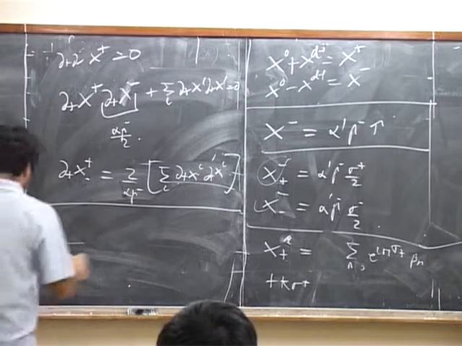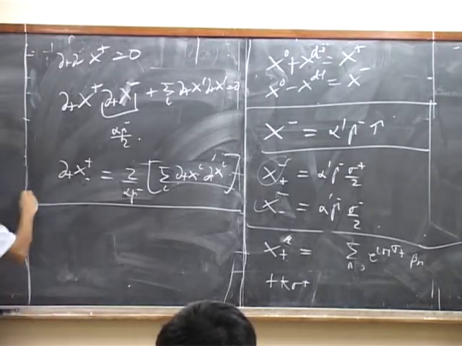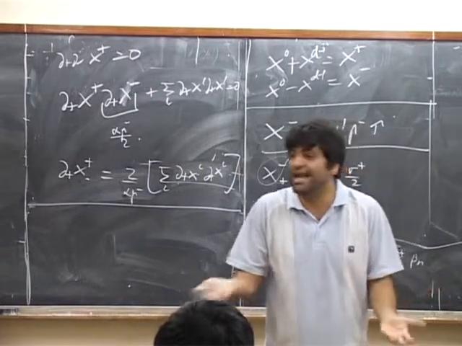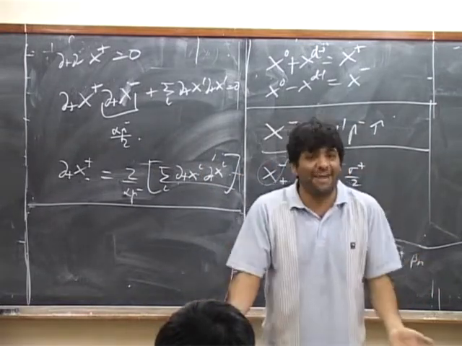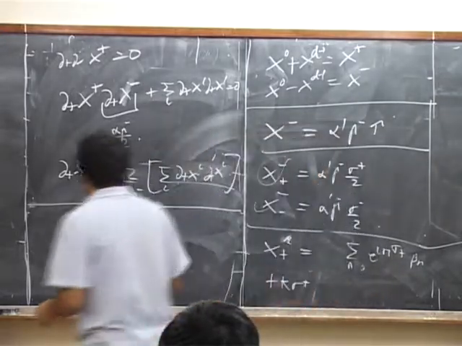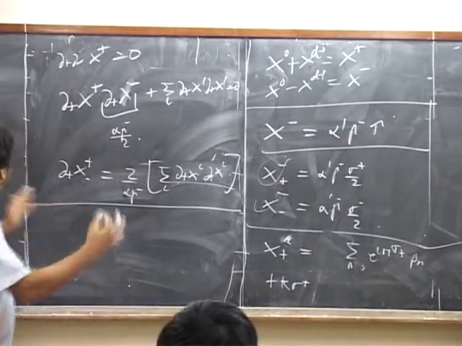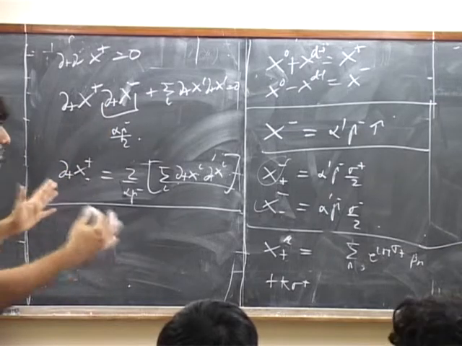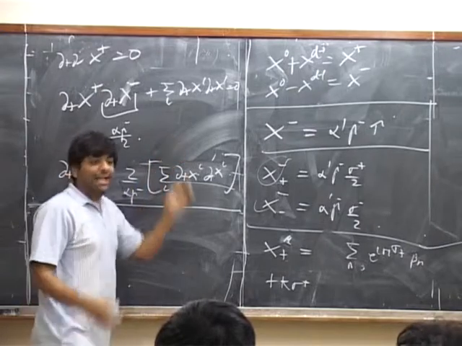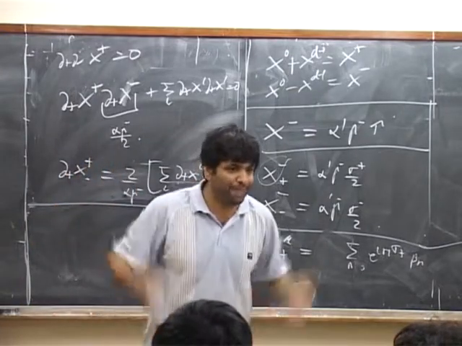If we were interested in writing down an efficient action, that action should just not have x plus and x minus in it. Maybe another way to say it is take the action of the theory that we had and just plug in the gauge condition.